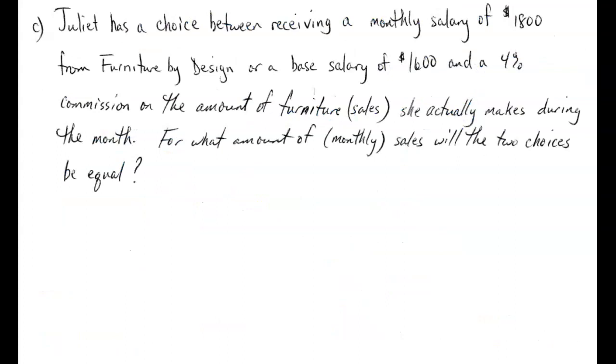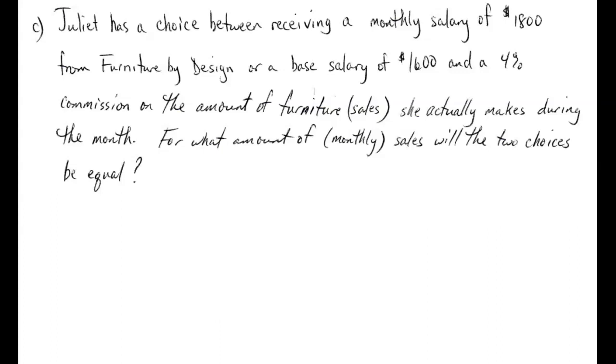All right, so for our next problem, what we're going to do is figure out if a person has a choice in between two different types of salaries, how much extra work or how much commissions or monthly sales they would have to generate in order to have those two salaries to be equal.